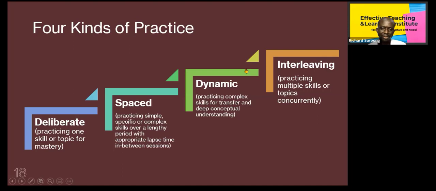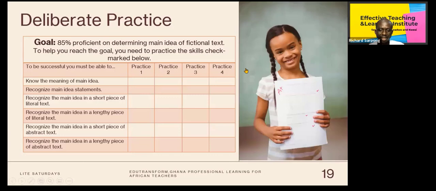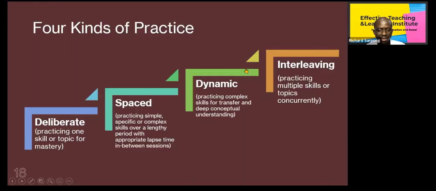So that is how these four kinds of practice can be effectively used by educators to make sure that students have had enough opportunities to respond or interact with a particular knowledge or skill that the teacher has exposed them to through instruction.